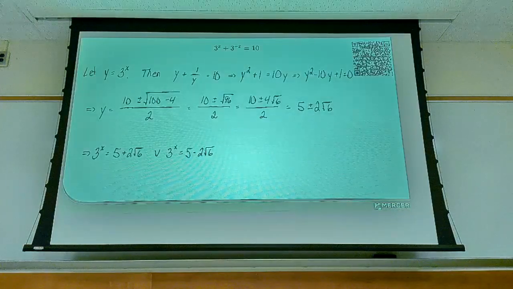So if it's greater than it, it's a solution, but if it's not greater than it, right, because remember, an exponential cannot give you anything 0 or less.